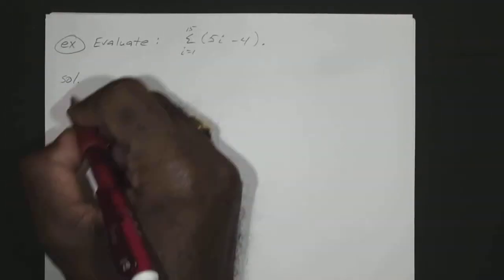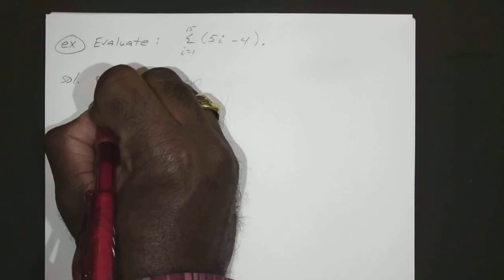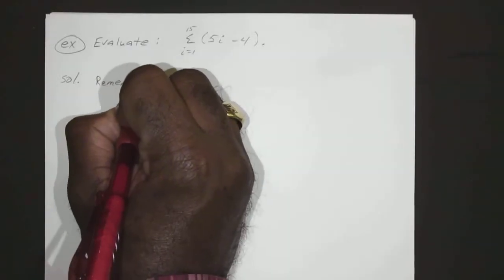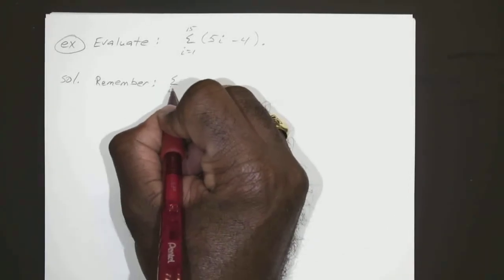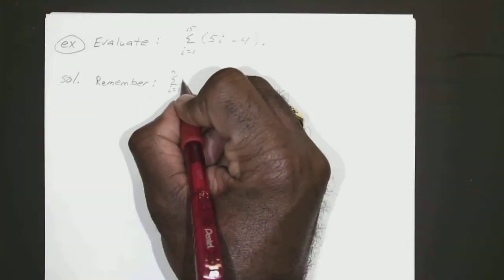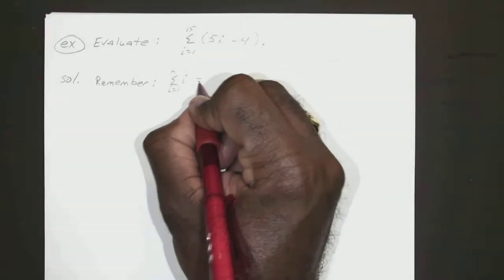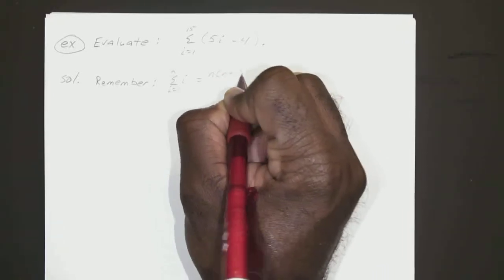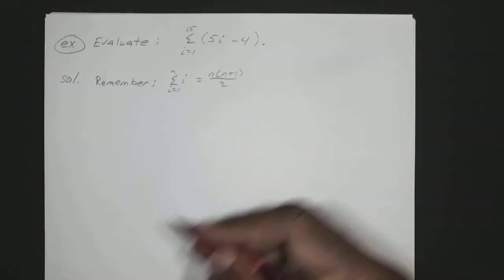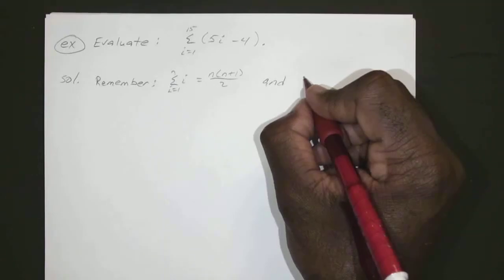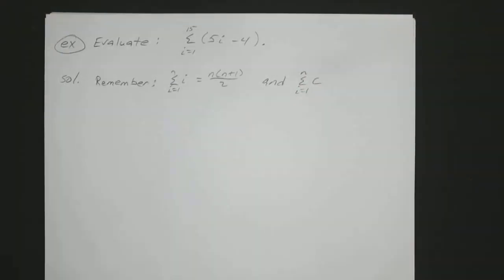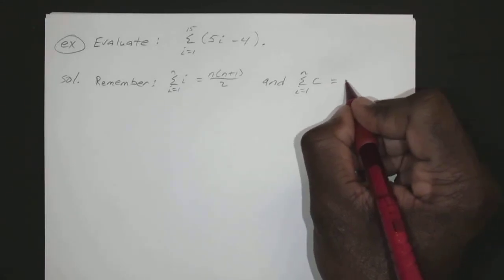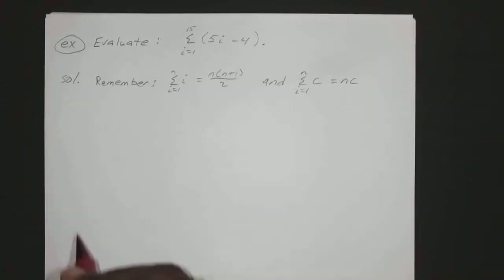Okay, so with this one, you're actually going to use two formulas. Okay, so you have the sum from I equals 1 to n of I is equal to n times n plus 1 over 2. And we also know that the sum from I equals 1 to n of a constant is equal to n times that constant.